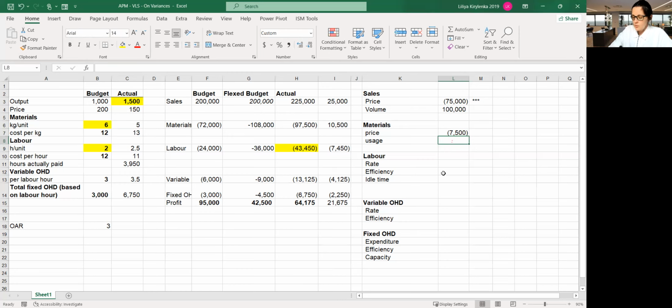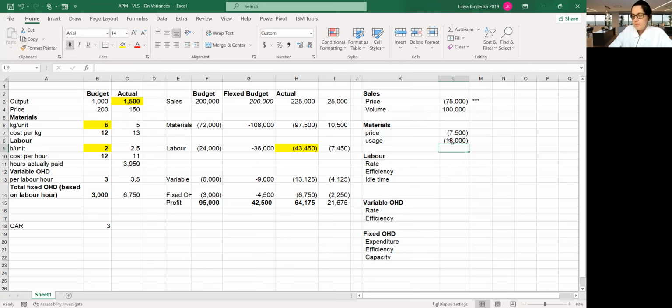As for usage variance, usage variance is when we take the difference between usages, we multiply that by actual quantity, and we multiply that by budgeted cost per kilo. Okay.